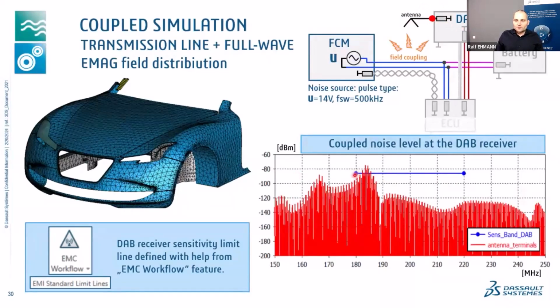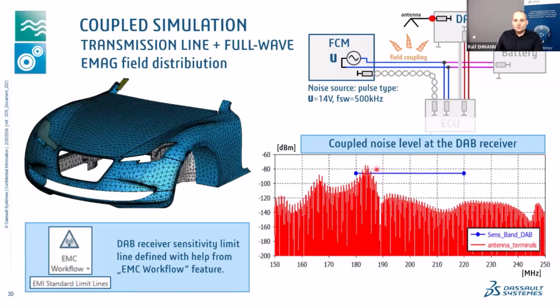And we can see the blue line that was created here with help from the EMI standard limit lines macro; we can very quickly create the limit line here. Once it is imprinted on the result, we can see that for this particular cable harness setup, we can go above the sensitivity levels of that DAB receiver, and might also upset it.